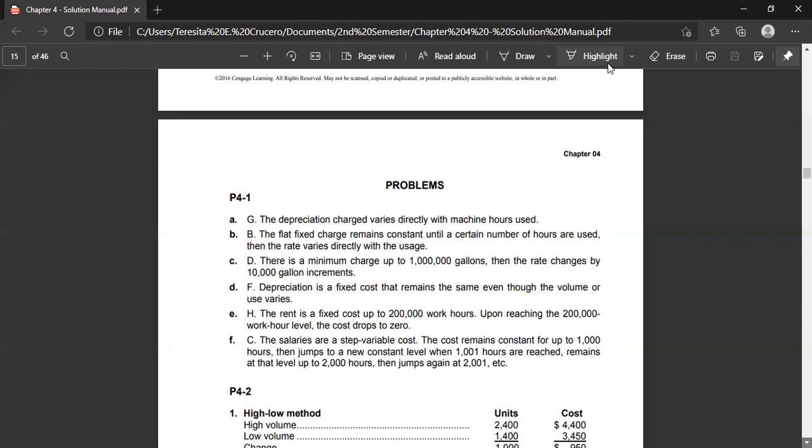There is a fixed component, but the rest is classified as step variable. So for 1,000 machine hours or less, you need one worker. 1,000 to 2,000 requires two repair workers. Now your letter F, the answer is C.